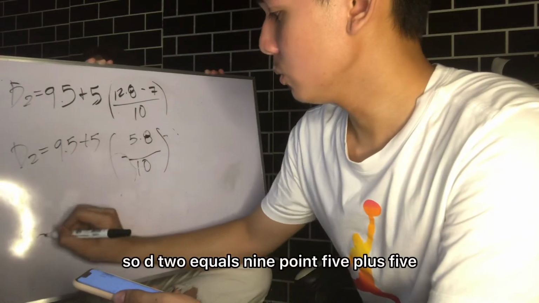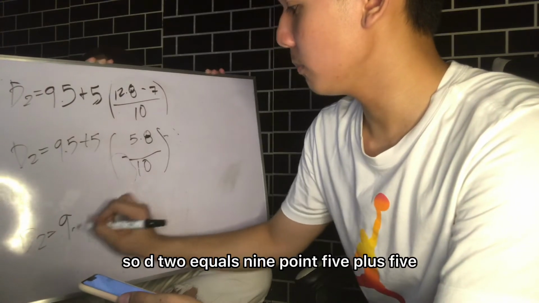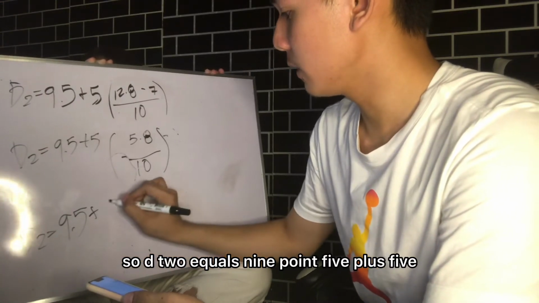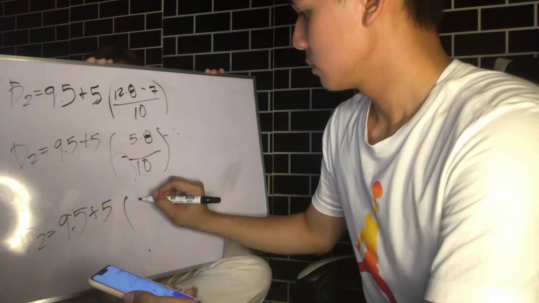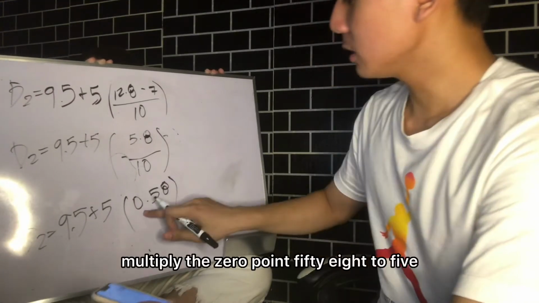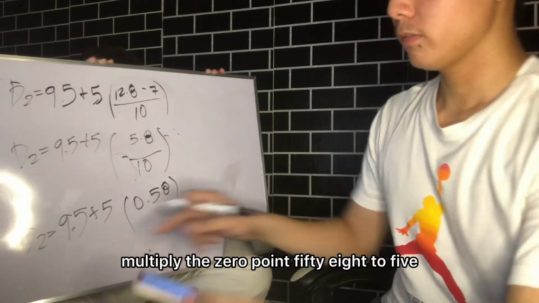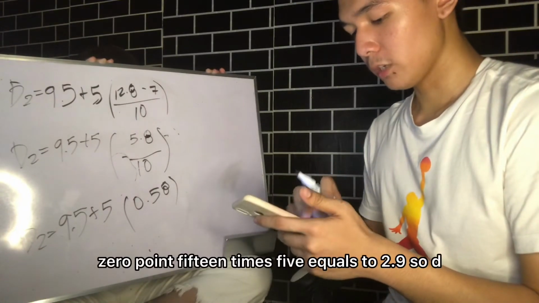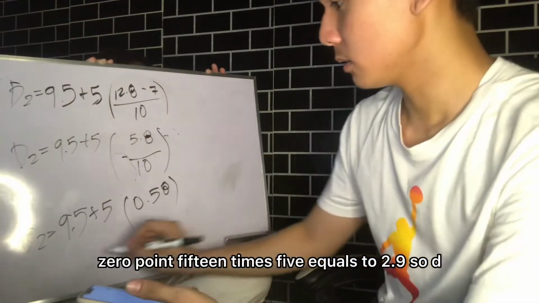So D2 equals 9.5 plus 5 and 0.58. Multiply the 0.58 to 5. 0.58 times 5 equals 2.9.